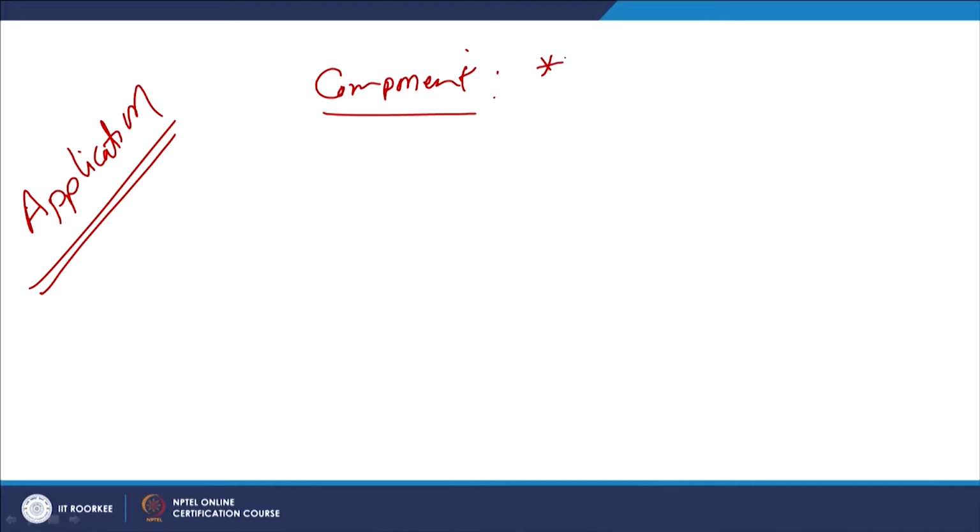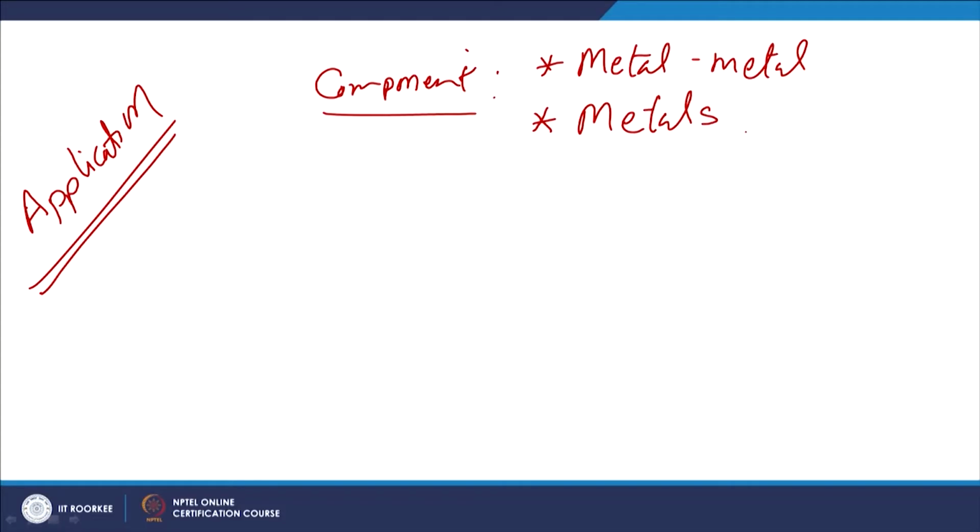Like there will be a relative movement having metal to metal contact, like in a piston and cylinder, or the carriage moving over the lathe guideways, or a metal handling liquid metal or any other medium which is causing corrosion of the component.